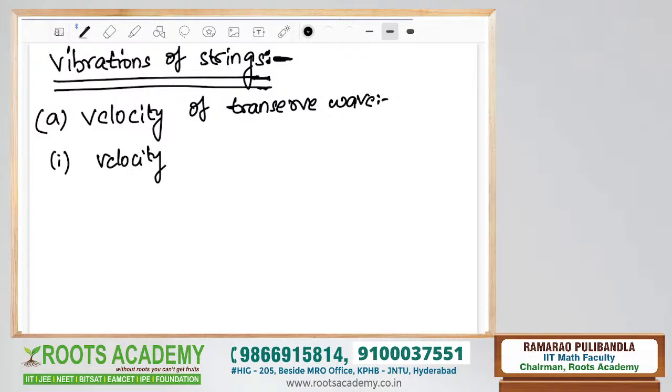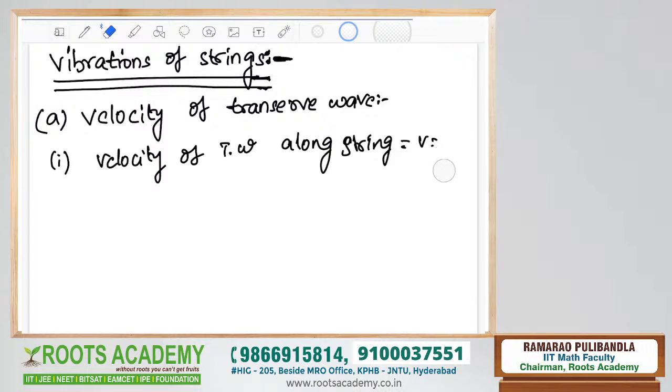So the velocity of the transverse wave along a string is given as under root of T divided by m, where T is the tension and m is the linear density.